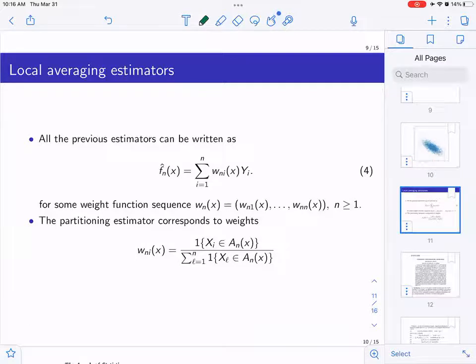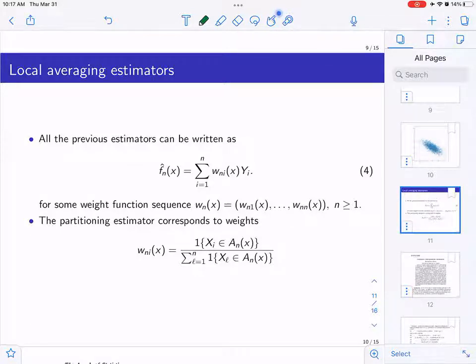The n here stands for the fact that I have a sample size n. At some point you might drop this first n for simplicity, but the second index indexes the weights associated with each data point. I have to specify these, and these weights could be random, dependent on the training data.